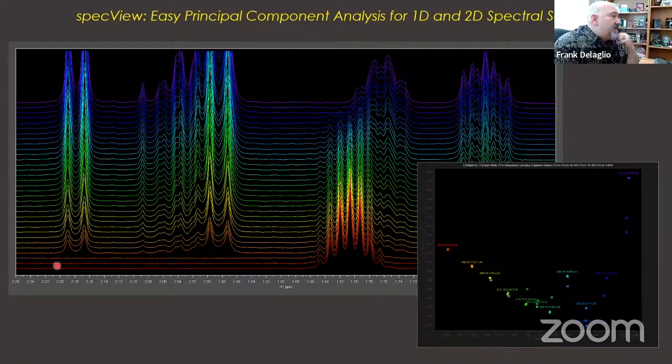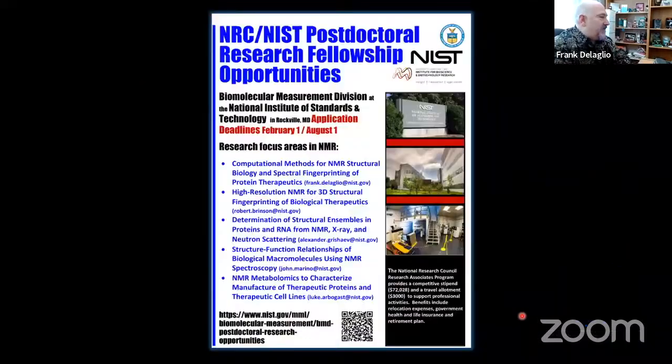In this interface, highlight a spectral region, press a button, get principal component analysis, and you can click on any of these spectra and see which point in the PCA scatter plot it is, or click on something in the scatter plot and see what the corresponding spectrum is. This lets us get a very quick overview of a spectral series and figure out why different spectra behave differently. Okay, so that's an overview of my presentation for today.